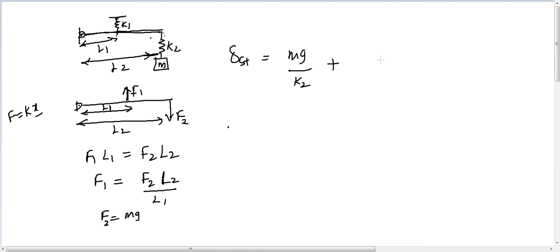F1 is nothing but F2 into L2 by L1, with F2 equal to mg. So force by K1 is the deflection in this spring at this location.